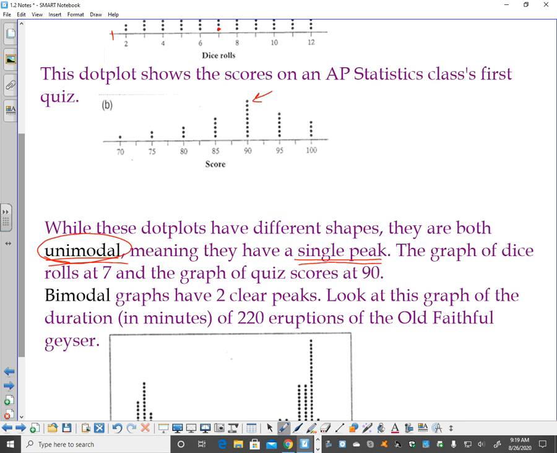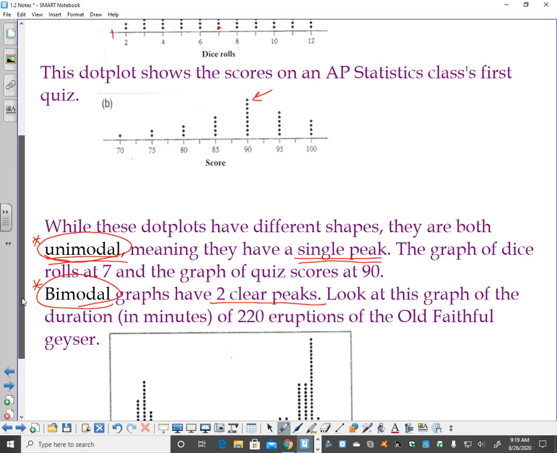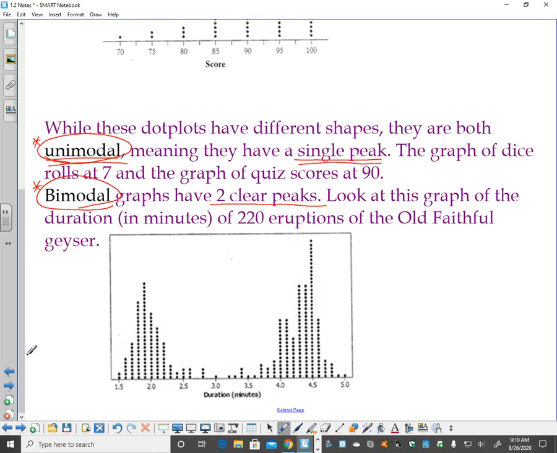So now when you start to describe the shape, I want roughly symmetrical or right skewed or left skewed. And then I also want you to talk about unimodal versus bimodal, which means you have two clear peaks. So these are two really good stats buzzwords that you're going to use in describing the shape of your distribution.